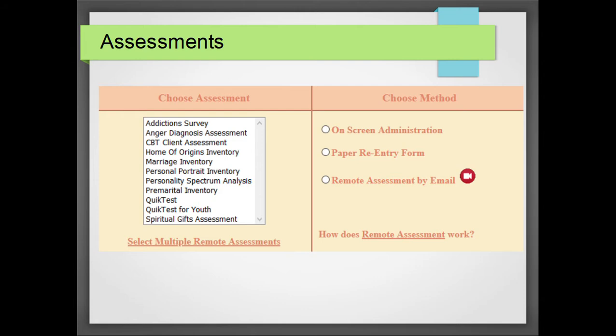Home of origins, what happened in a client's home as they were growing up. Marriage and premarital inventory, you see that down on the list. These are both relationship assessments. Personal portrait is a picture of how the person interacts with themselves, intrapersonally, and interpersonally with other people.